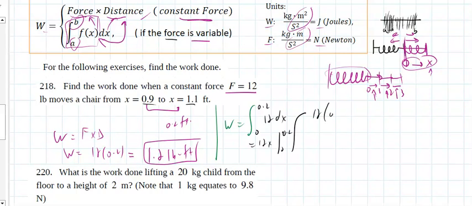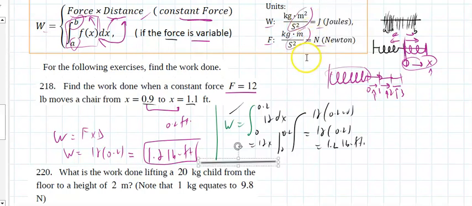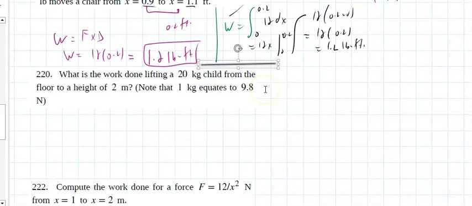That's 12 times 0.2 minus 0. And again, I'm just demonstrating that you can't get it wrong. If you weren't sure, should I use the integral or should I use just the formula? Well, if you're not sure, use the integral, and whether it's constant or not, the integral takes that into account.